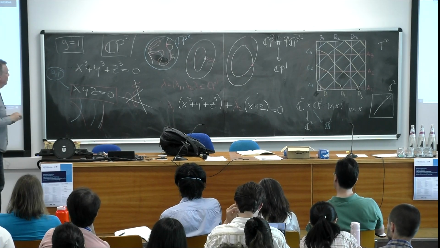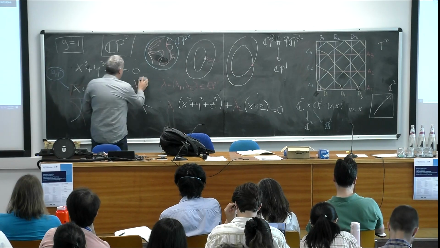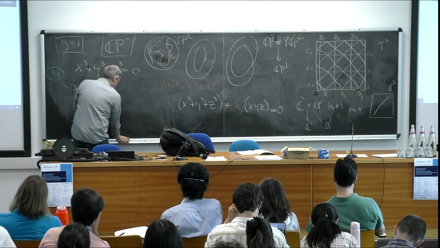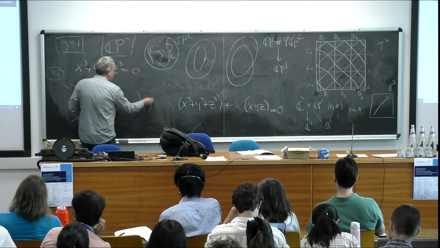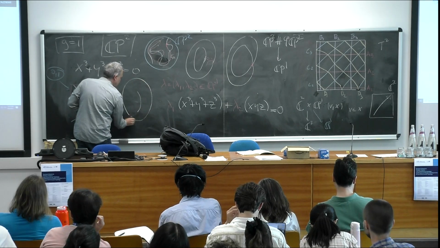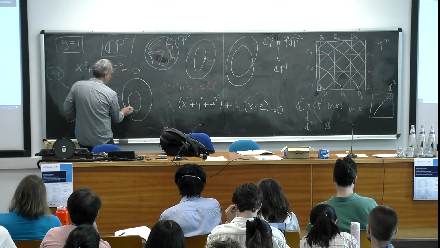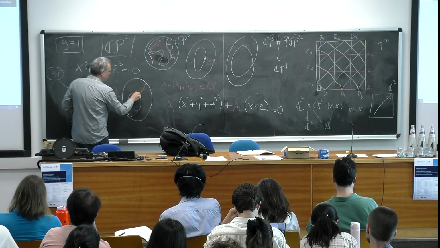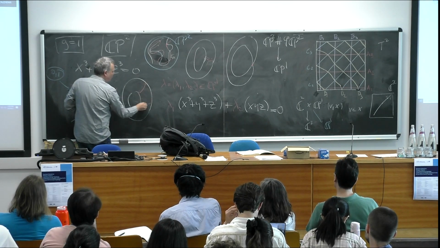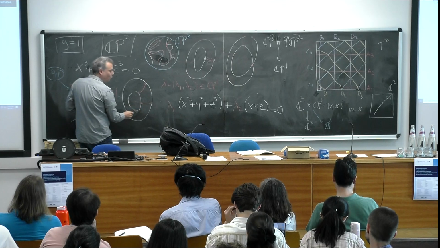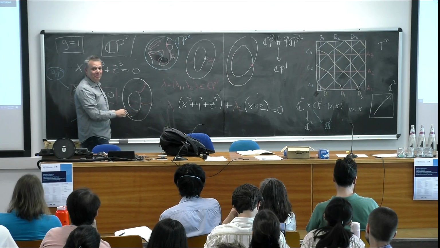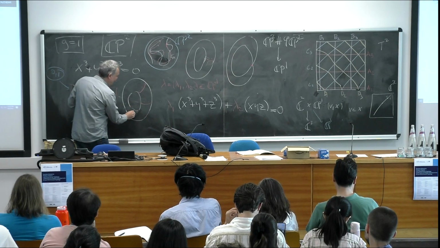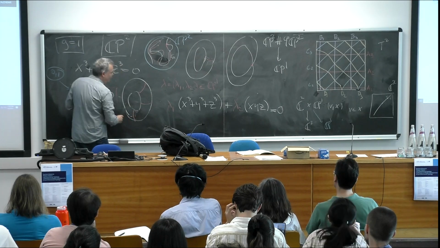So the right picture here is that we have a torus, and the way to get 3 spheres out of one torus is that you do more than one degeneration. In fact, you do exactly 3 degenerations.